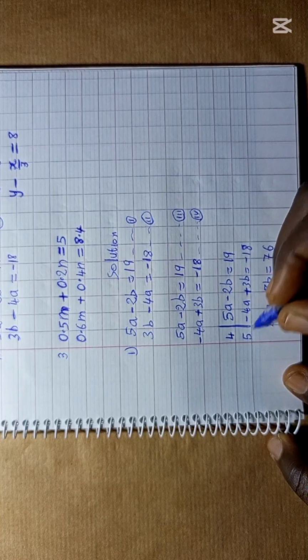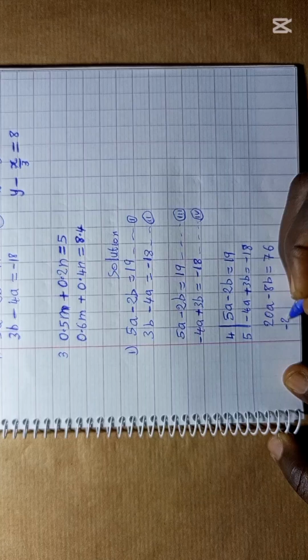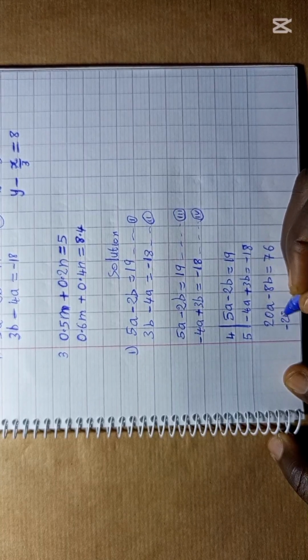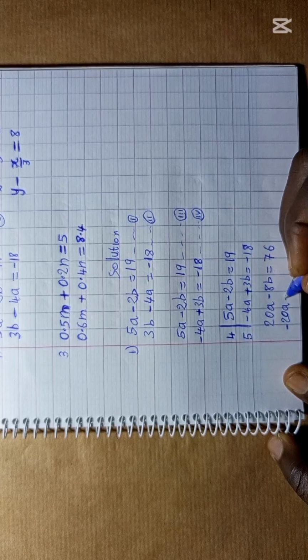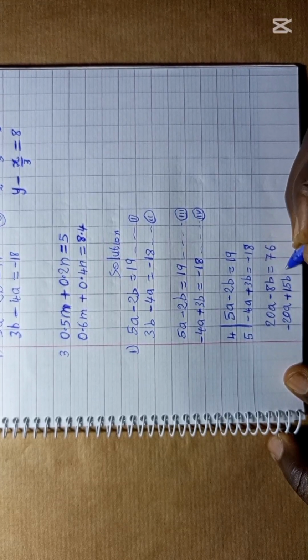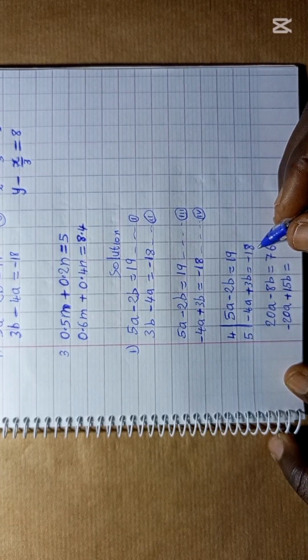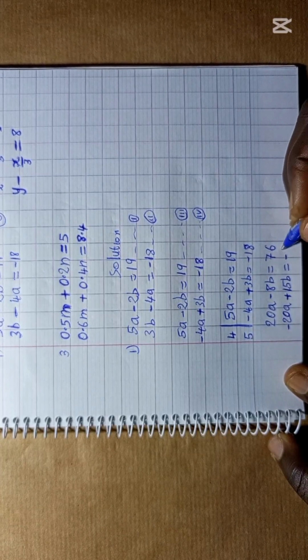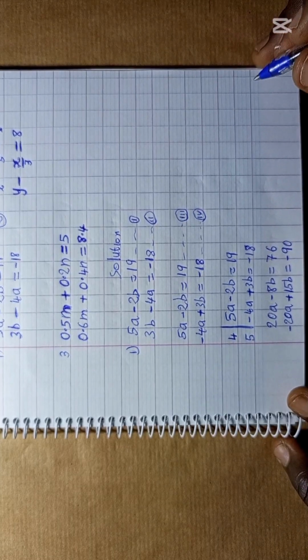And then this side, 5 times minus 4a, that will give me minus 20a. 5 times 3b, that will give me 15b is equal to 5 times minus 18, that will give me minus 90.